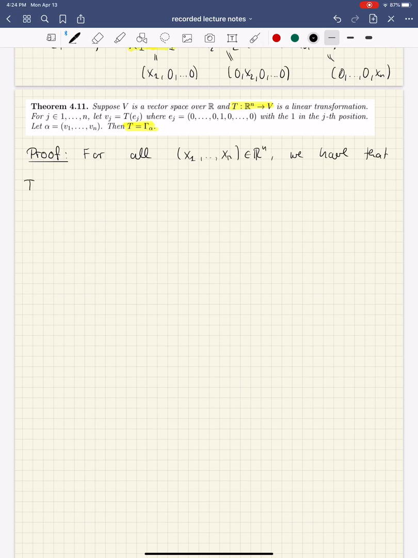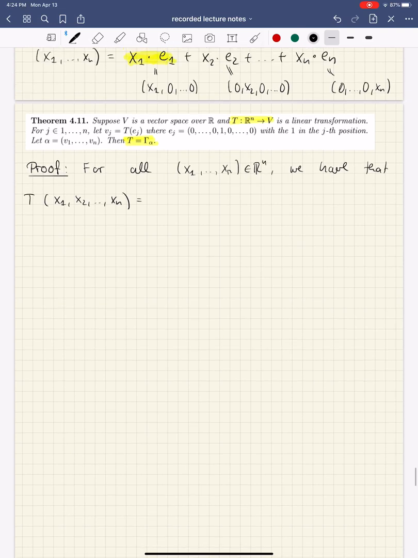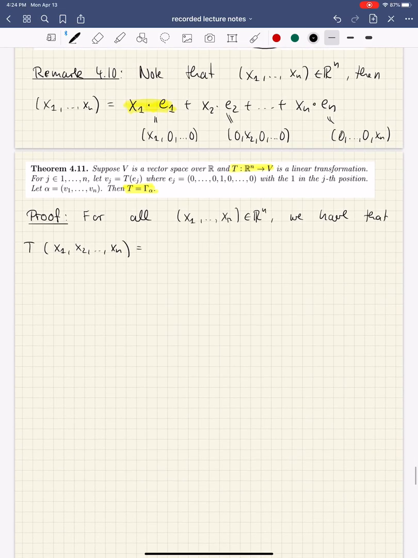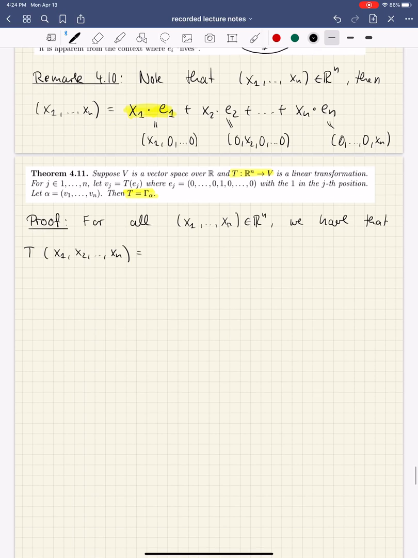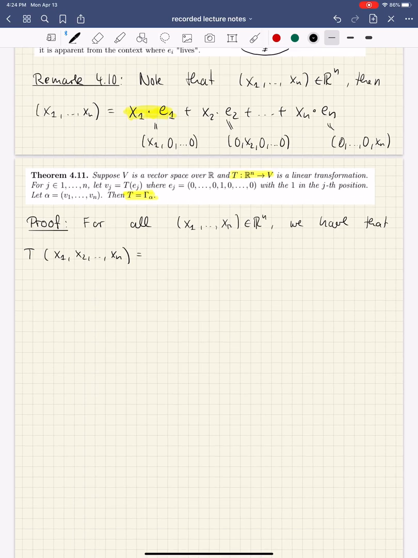Okay, let's start with T on the left-hand side. And this is where I'm going to use this remark from before, so I'm scrolling up a little bit so you can see it. So we're going to replace now (x1, ..., xn) by the right hand side of the equation up there, so by x1 times e1 plus all the way up to xn times en.